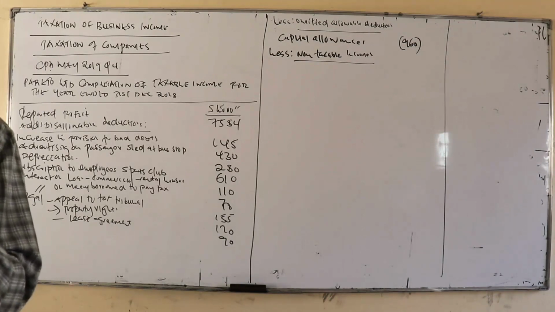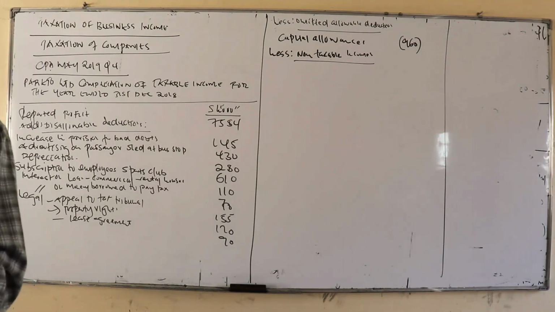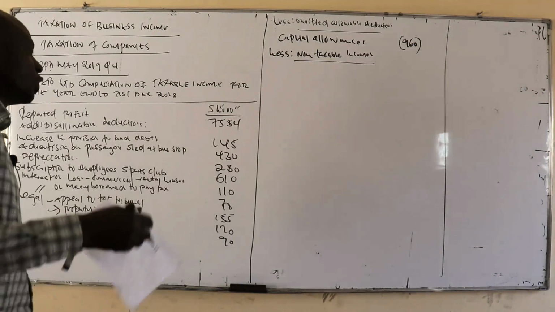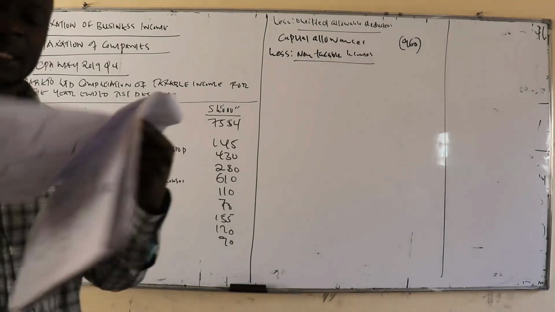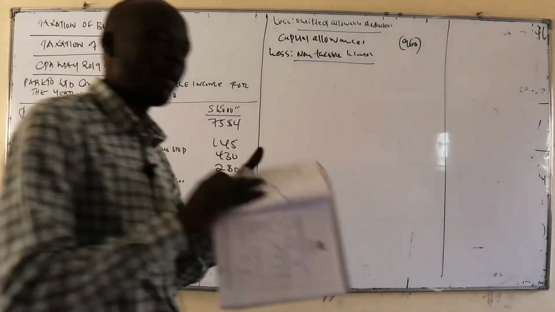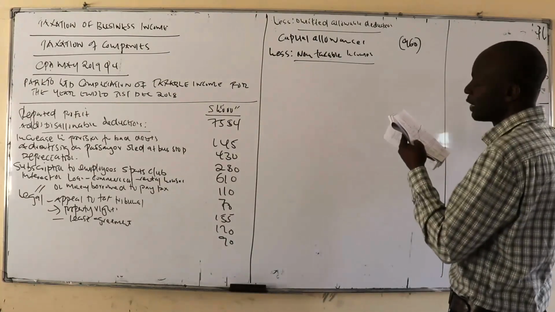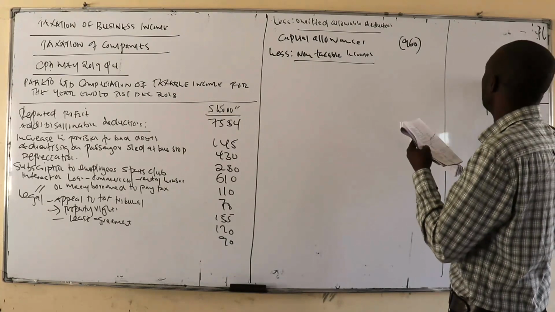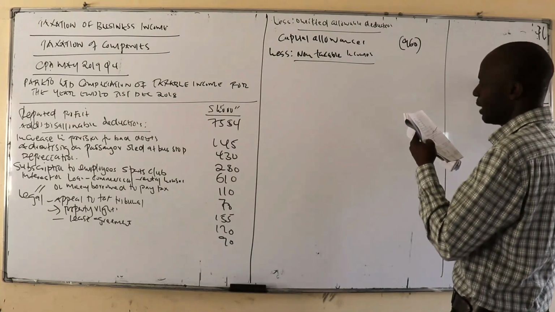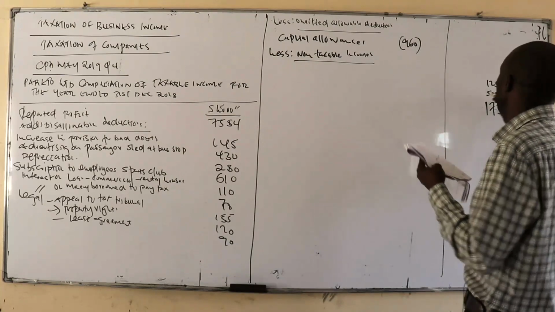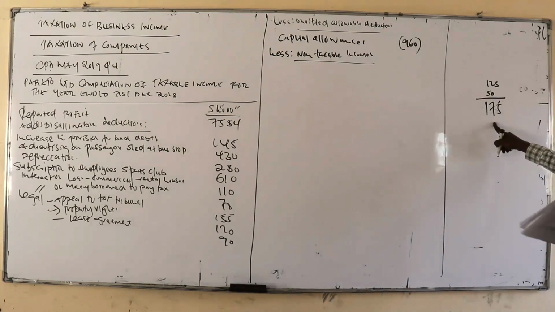Foreign exchange gain comprises the amount of unrealized foreign exchange. The total foreign exchange gain is how much? 175. This 175 comprises the realized, which is 125, and unrealized 50, to make 175, isn't it?